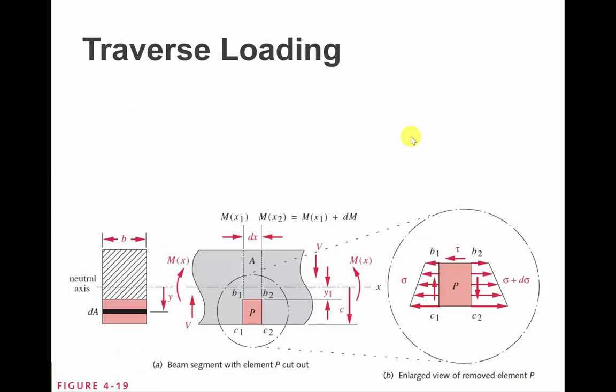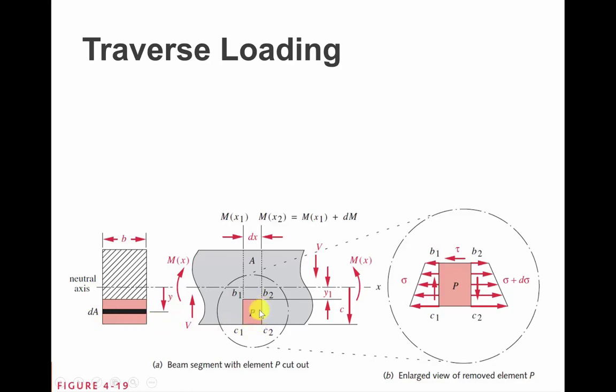So let's take a look now, and we're going to spend some time looking at this particular diagram because this is very instructive for understanding what's happening with the shear forces at that location that we're considering. So first, let's just talk about what it is we're looking at. We're looking at a small section of the beam, so this is the x-axis moving along the bottom here. If we look at the thickness, it has a thickness of b, and we're going to be considering some small section that has a dx length along the beam, but has the full b length along the cross section.